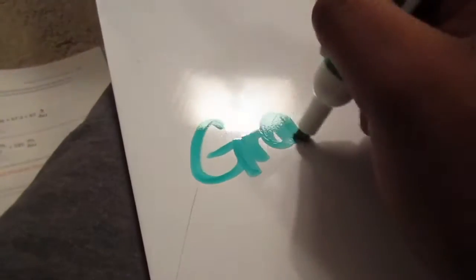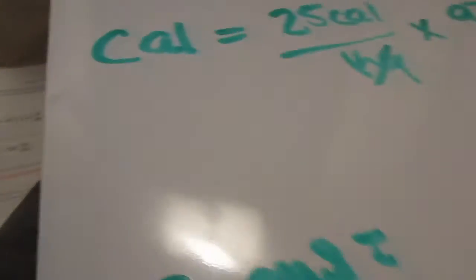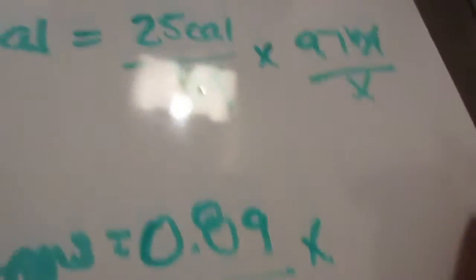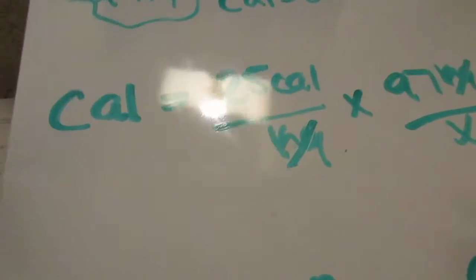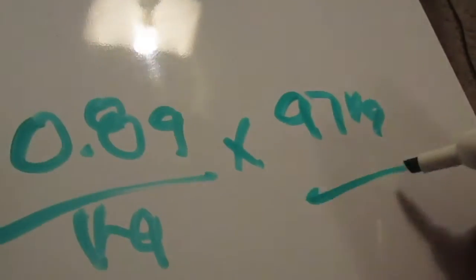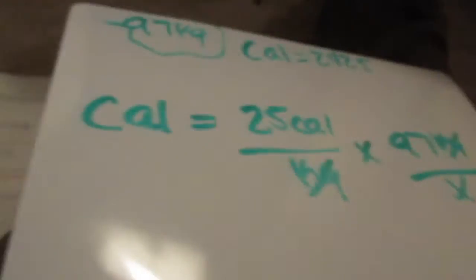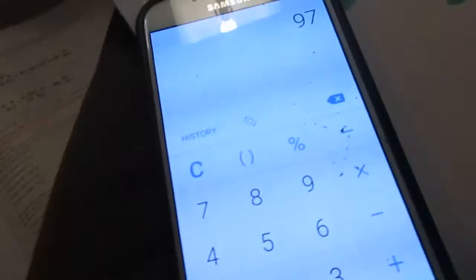And then we're going to do our protein. So we do grams equal, and we know that set number is 0.8 grams over kilogram. And we look at how much the patient weighs, 97 kilograms over X. Then we take our calculator and we multiply. So 97 times 0.8.